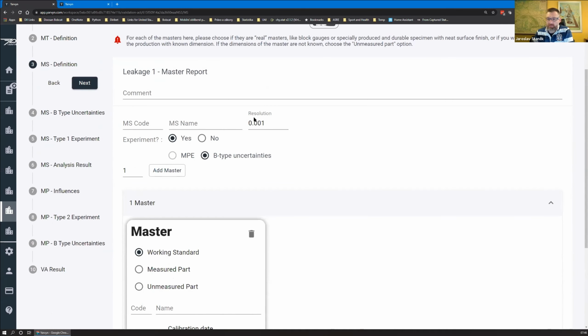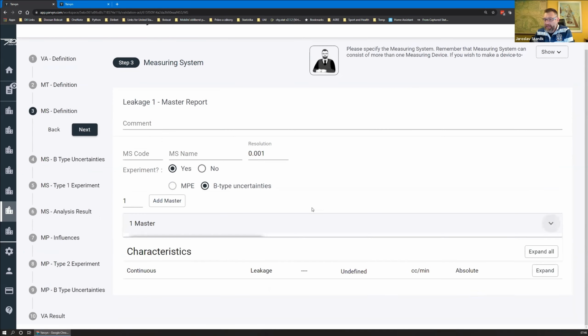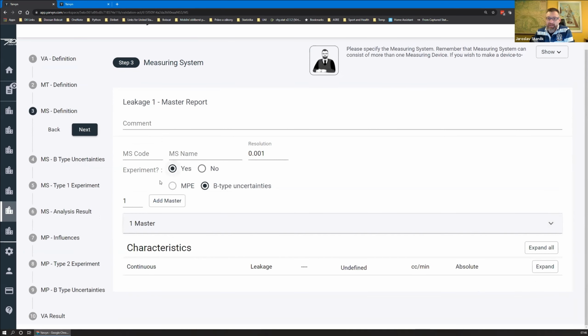It has some resolution, which is not really important because it's mostly negligible. And it has the values which have been measured on that reference value, on that leakage master. Our leakage master, I'm afraid I have not mentioned that yet, is calibrated for 10 cc per minute. That's the reason why we measure it at 10 cc per minute.